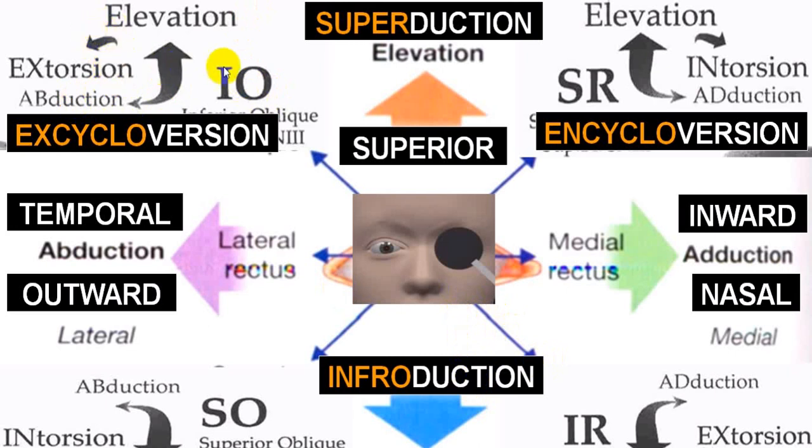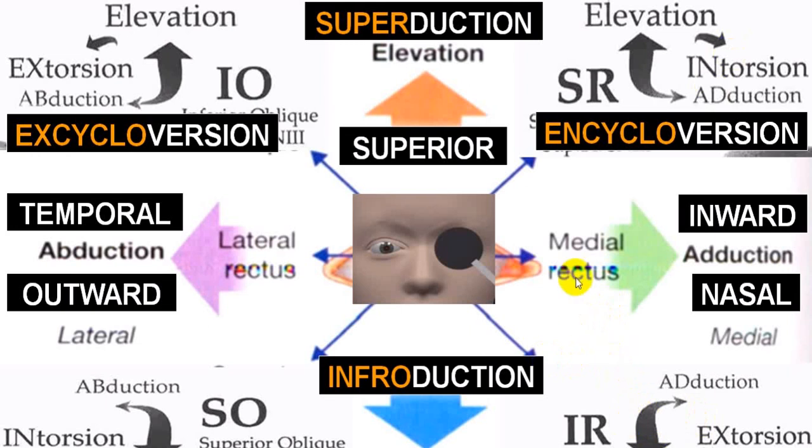So these three movements will be there by inferior oblique. While superior oblique will have downward movement, intorsion, and abduction. So there will be three movements of superior oblique. Superior rectus will also take part in intorsion, and inferior rectus will take part in extorsion.